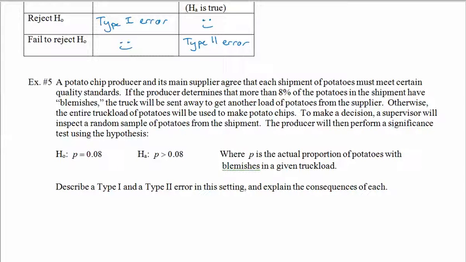So describe a type 1 and type 2 error in this setting and explain the consequences of each.